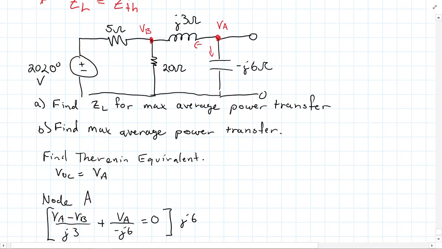So we need to now look at node B, and we need to look at the currents going left, right, down here.